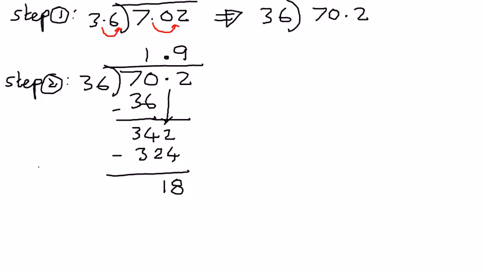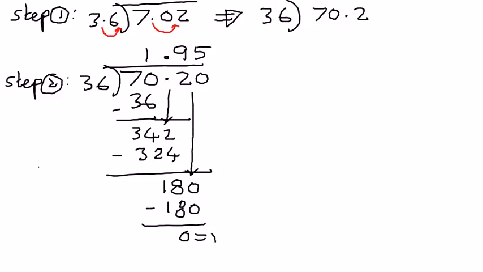Therefore we write the 18 there, and we can add a 0 here, and we can borrow that 0. Therefore it becomes 180. 36 times what number is equal to or less than 180? 36 times 5 is 180, and when we subtract, the remainder is equal to 0. So 180 minus 180 is equal to 0.